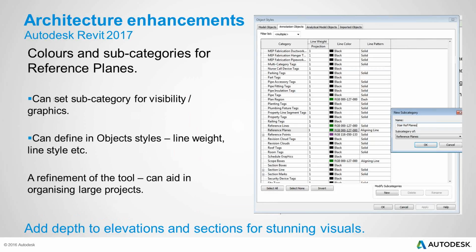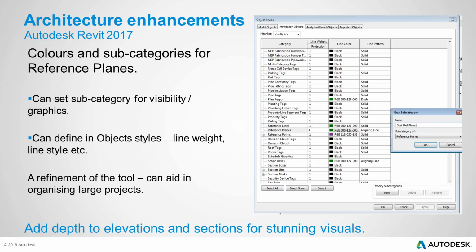If you've got very large, complex projects and you have a lot of different reference planes in there for different purposes, an interesting feature is the ability to make different subcategories of reference planes. So we'll have a bit of a play with that. So that means that you can actually add organization into your project, or a higher level of organization, especially with reference planes, where you can make different colors for different purposes, so people can understand visually.